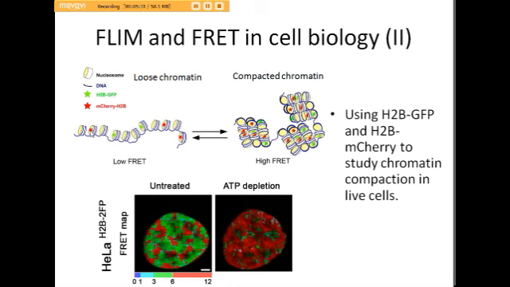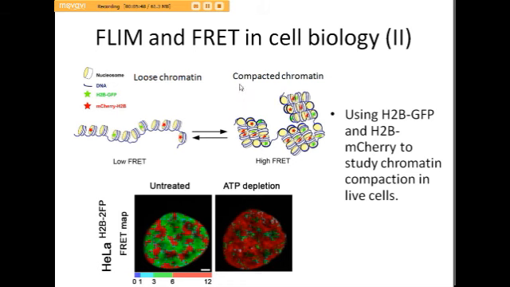This is all stochastic. Under loose chromatin conditions, because the labeling is at a low density, they are relatively far away, further than 10 nanometers. So there's no FRET or low FRET.